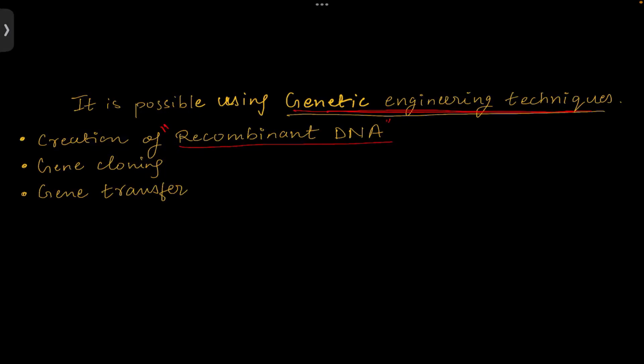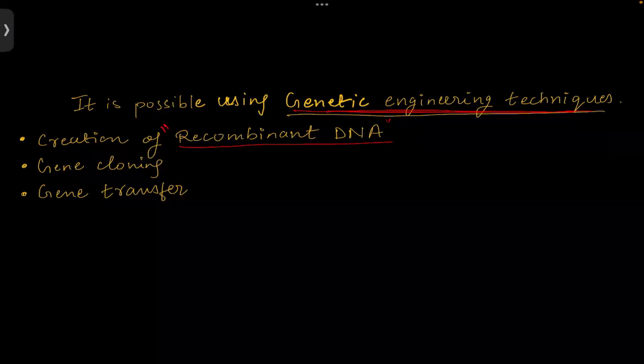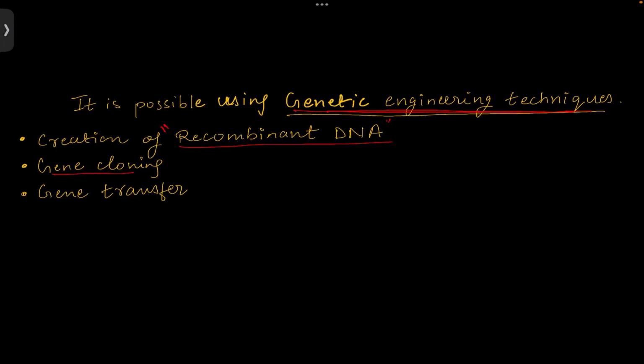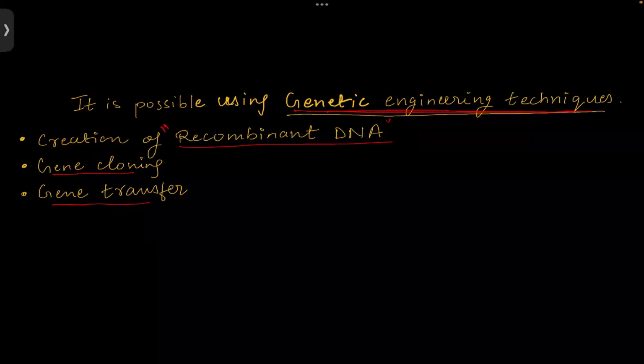Cloning means multiple identical copies. They create identical copies of a particular DNA piece. That is called gene cloning. Once they have the required number of clones, they then transfer them into host organisms where they want this recombinant DNA to express. That is gene transfer.